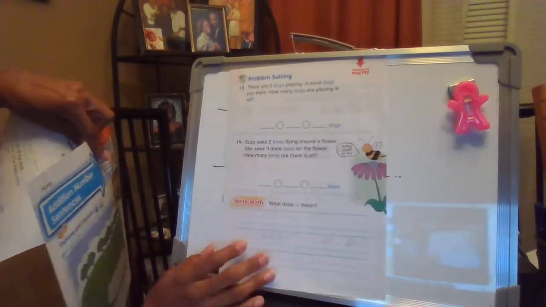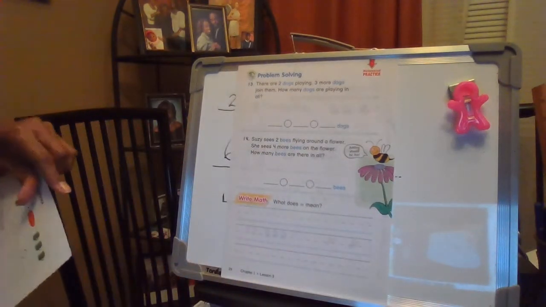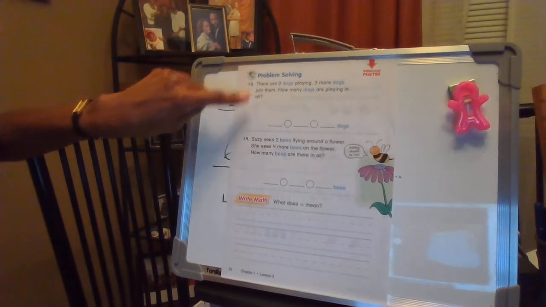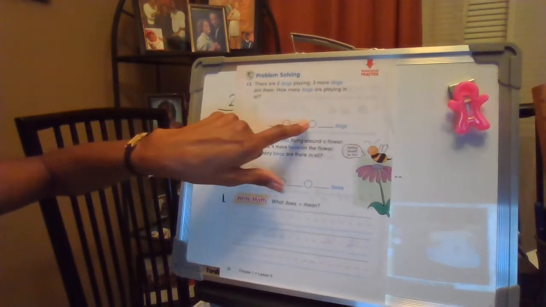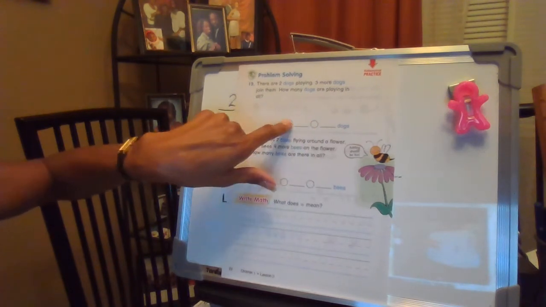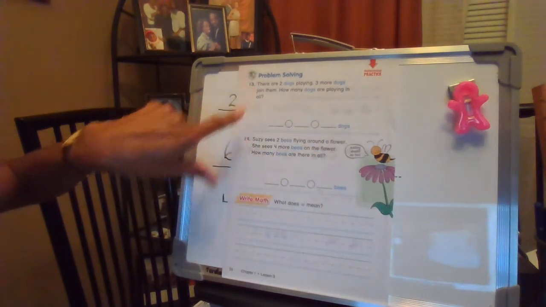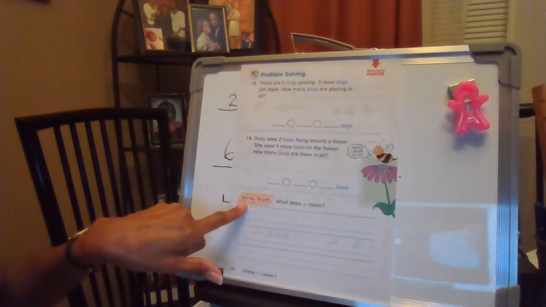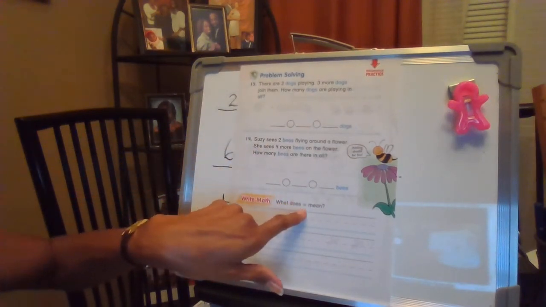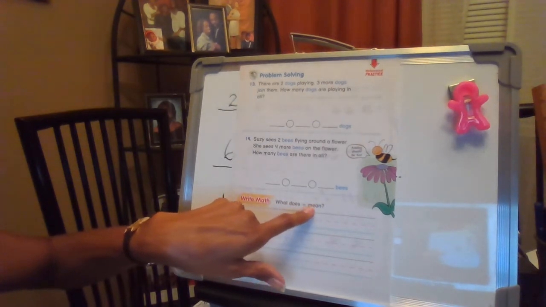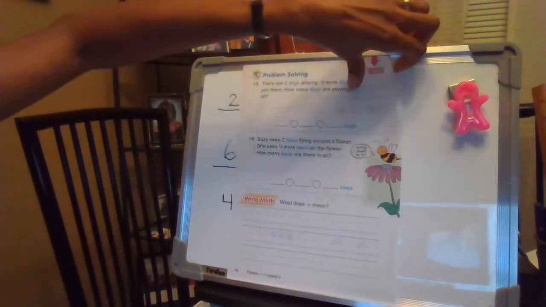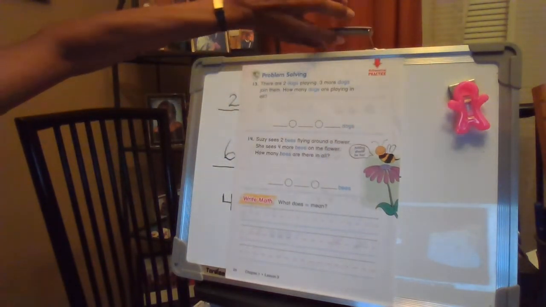I forgot to tell you about the problem solving page. Number 13 and number 14. You read the problem solving, you write in the answer and the numbers and the symbols for number 13 and number 14. And then write math. What does this equal sign mean? And you would have to go back to my instructions, which is the same as.